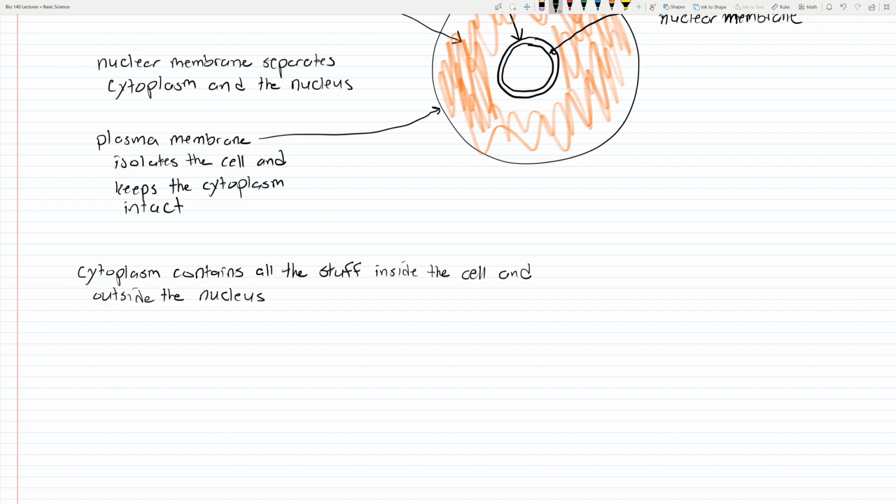Okay. So what is it? It's a goo. So it is a gel-like substance that has a liquid and a solid portion.